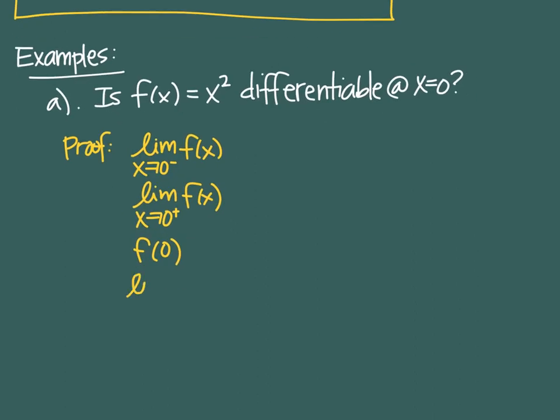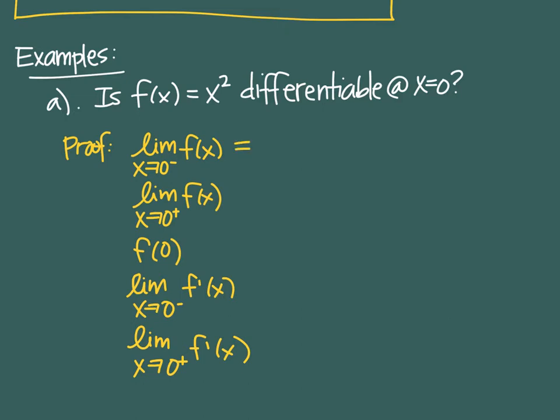And we will also need to prove the limit approaching 0 from the left of f prime and the limit approaching 0 from the right of f prime. So the format is always the same, 5 things. And you're just going to go through and prove each one of them. The first 3 need to be equal and the second 2 need to be equal, and then you've proven it.